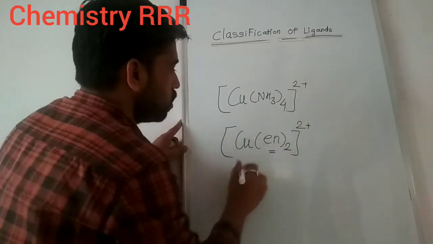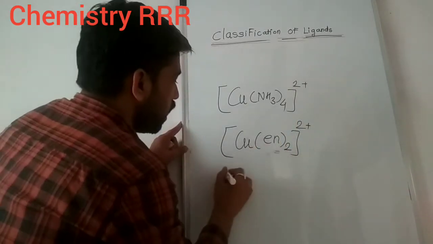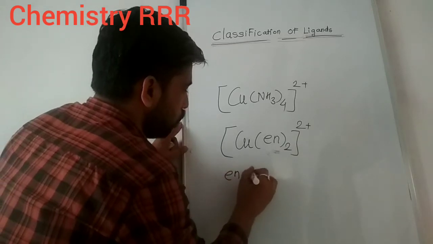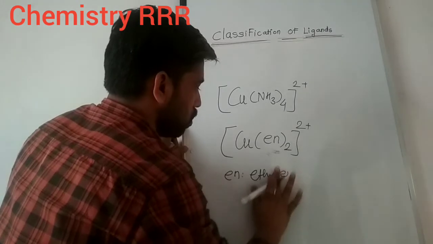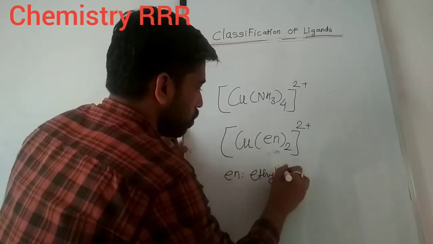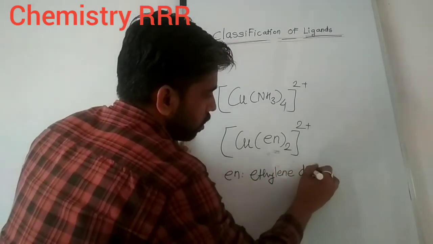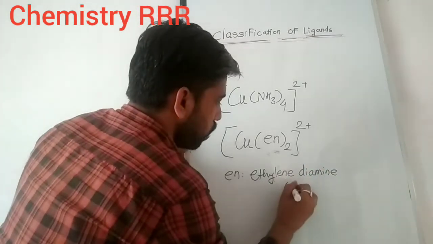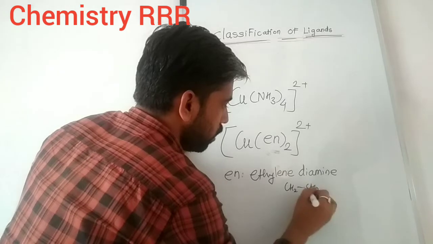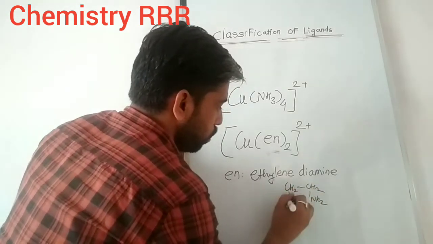Here en is the short form of ethylene diamine. You know the structure of ethylene diamine. Again I repeat, the structure of ethylene diamine.